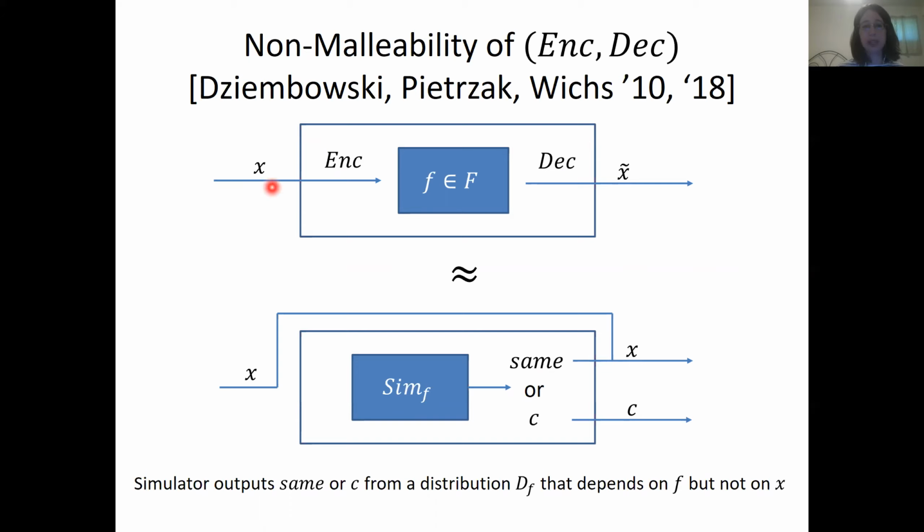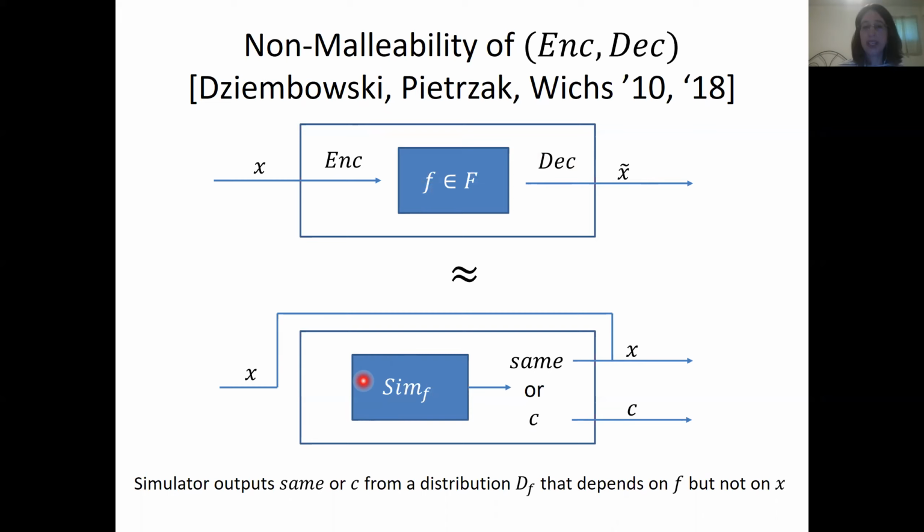We take the message x, we run the encode algorithm, we apply the tampering function, we run the decode algorithm, and then we output x tilde. In the simulated experiment, we have a simulator which makes a draw from a distribution D_f, which is a distribution over a special string, same, and constant c.